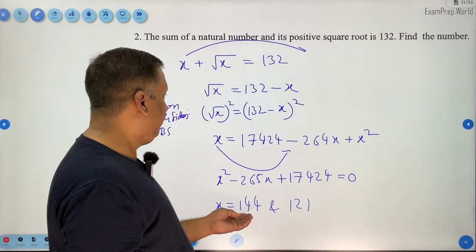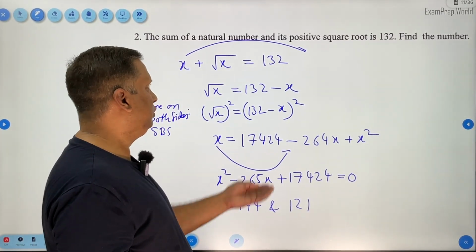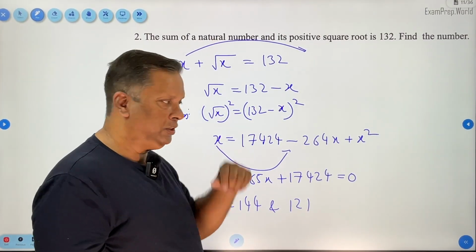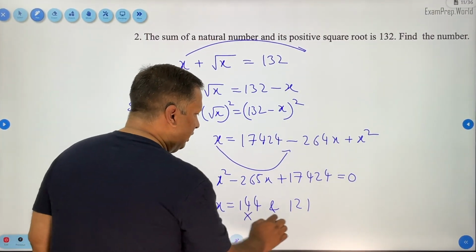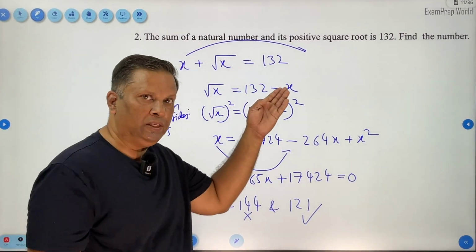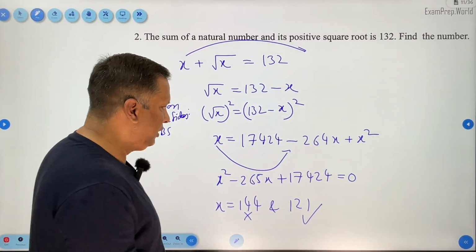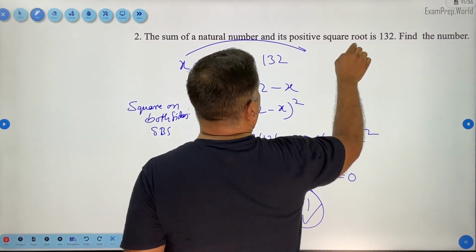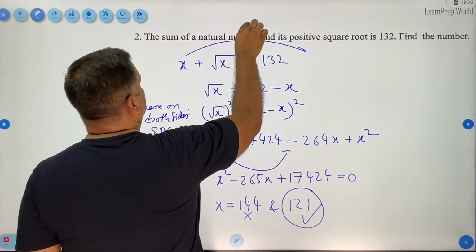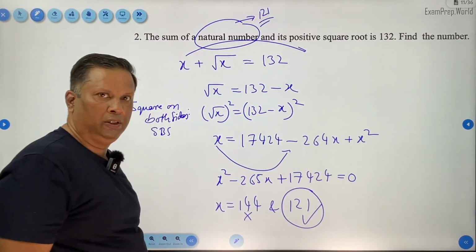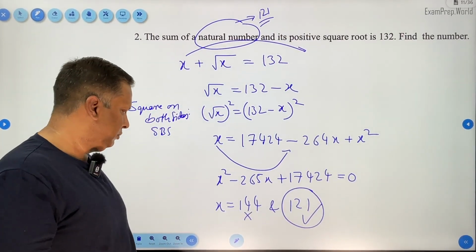Can I take 144? 144 itself is bigger than 132. So 144 plus 12 is more than 132. So I have to avoid this number and accept 121. See, 121 and the square root of 121 is 11. It makes 132. So our answer is 121. That number is 121. This is our answer. Okay kids, can we go to the next one?